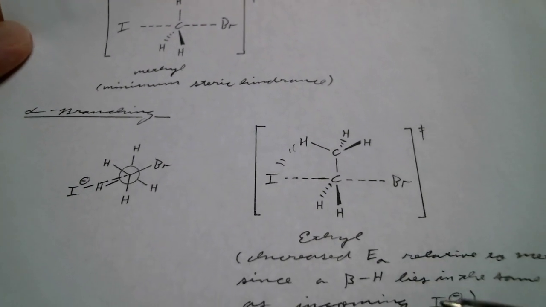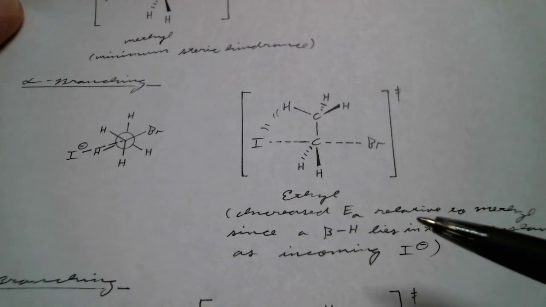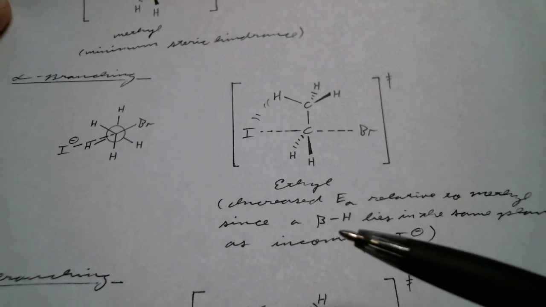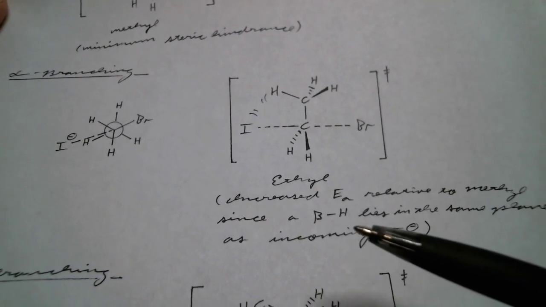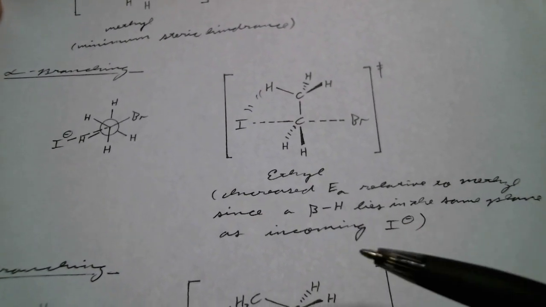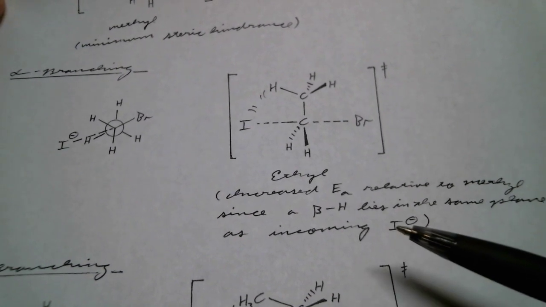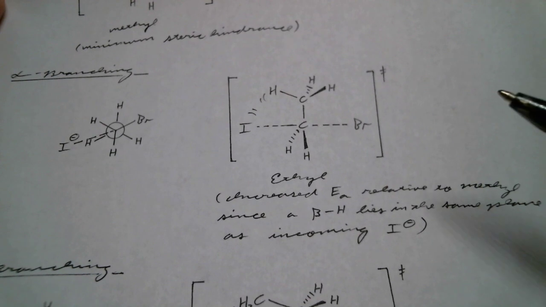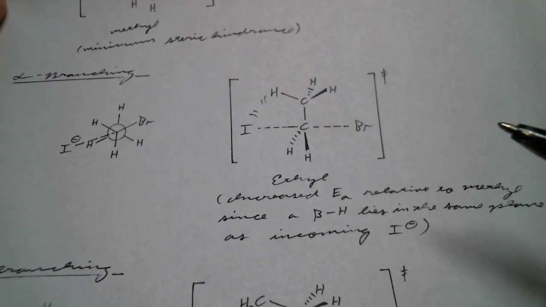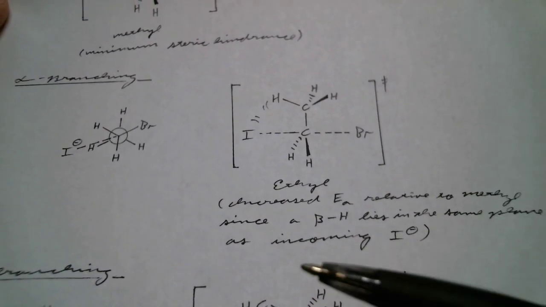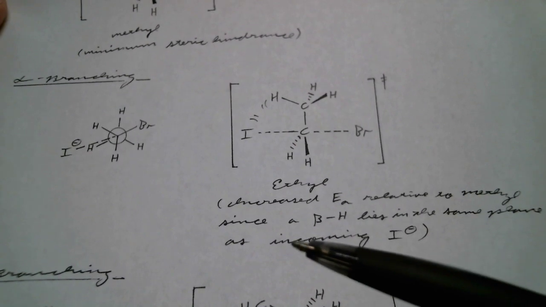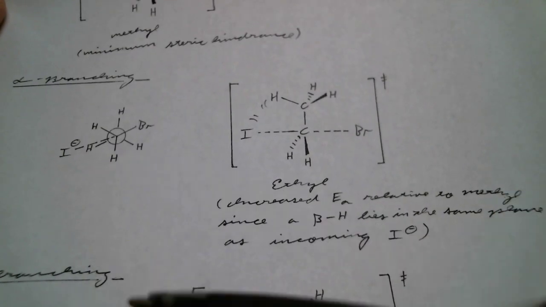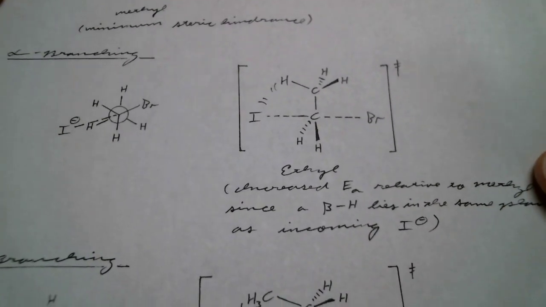And so that increased activation energy relative to methyl, since we have a beta carbon hydrogen that lies in the same plane as the incoming iodide nucleophile, raises the activation energy and slows the reaction rate. And that's why iodide attacking methyl bromide is 145 times faster than iodide attacking ethyl bromide.